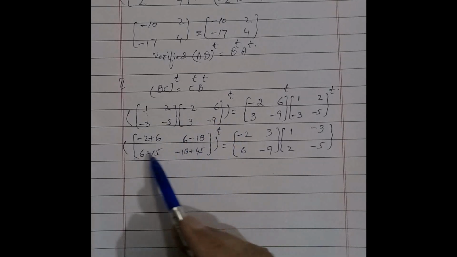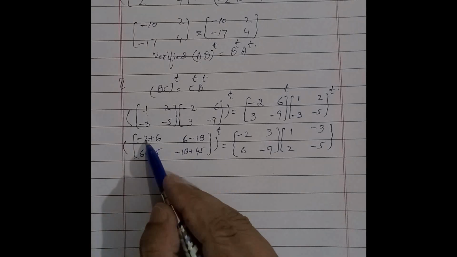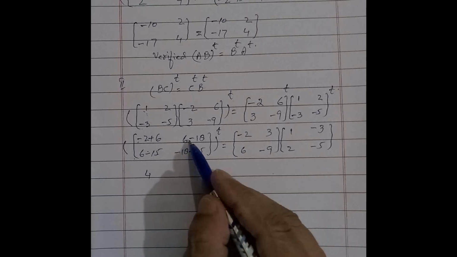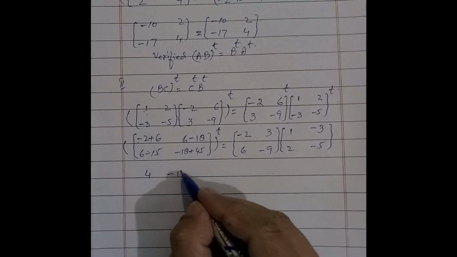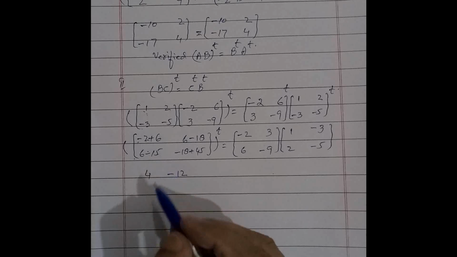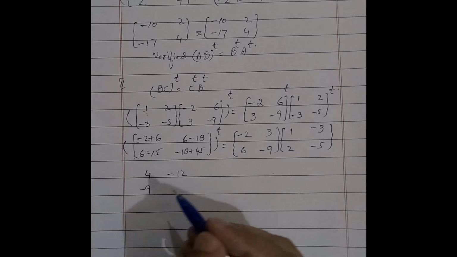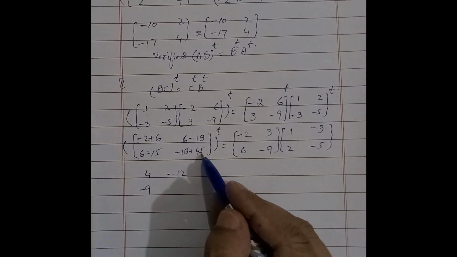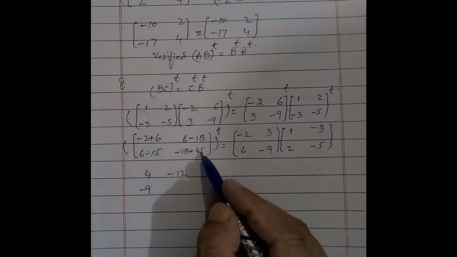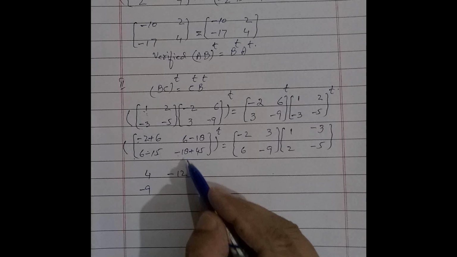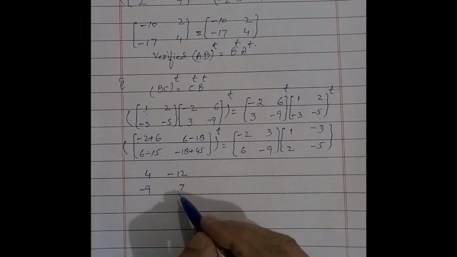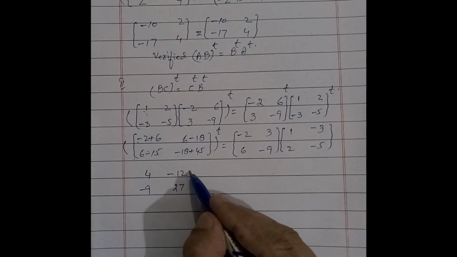Now first we simplify these values. Minus 2 plus 6 is equal to 4. 6 minus 18 is equal to minus 12. 6 minus 15 is equal to minus 9. Minus 18 plus 45 is equal to 27.